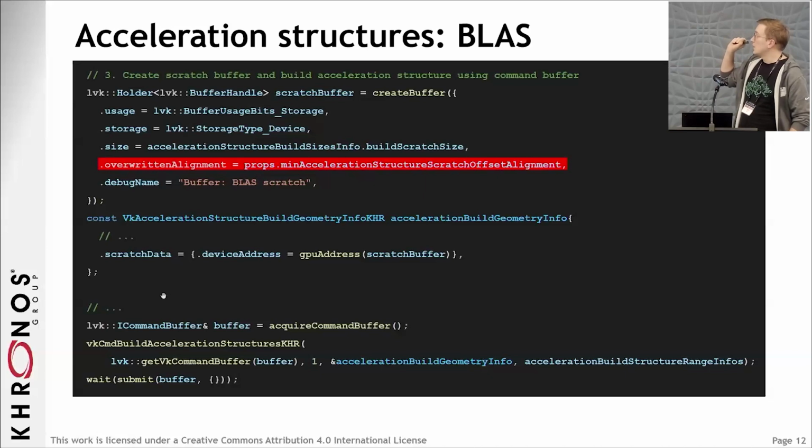The thing we encountered when we started to use it is that we need to override alignments for these structs. We typically use alignments that Vulkan returns for different memory types, but for acceleration structures and other ray tracing objects, it can be a different value. Another thing is that VMA didn't work well if we pack into the same buffer other buffers with multiple different alignments. So for that, we got rid of VMA, at least for scratch buffers and acceleration structures, and allocated memory by ourselves.